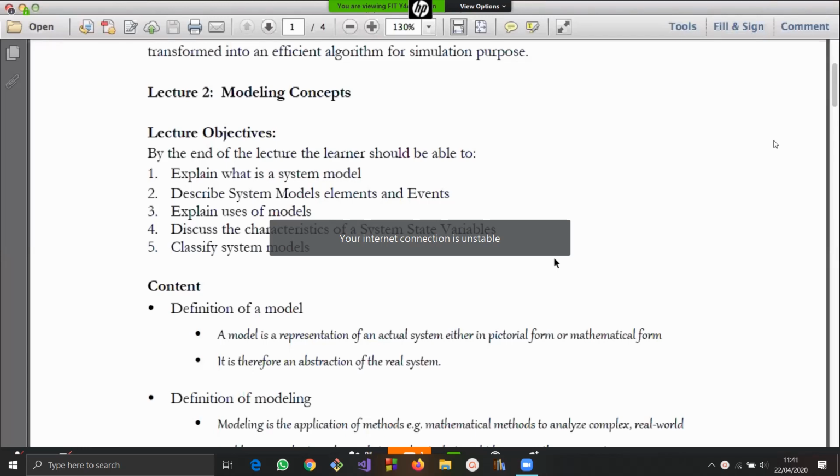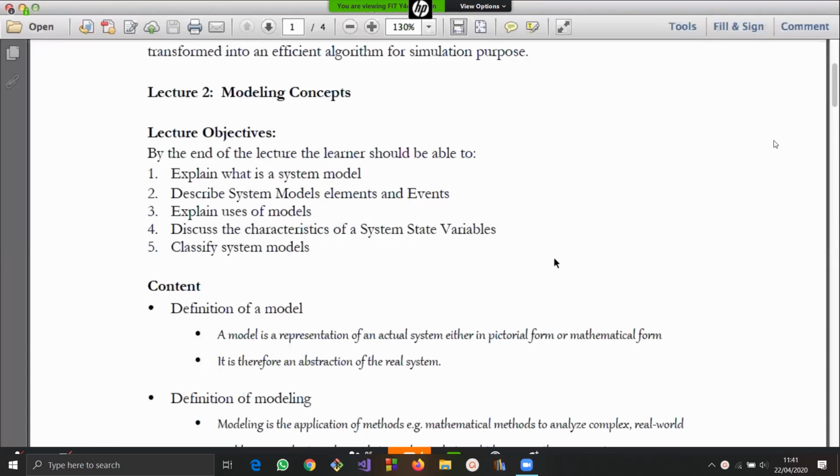But now, for this particular case, what are we expected to do? We are supposed to know both, to represent something in pictorial and also to represent something in mathematical form. More importantly is the mathematical form. The reason being the mathematical form gives us the logical aspect of a model.